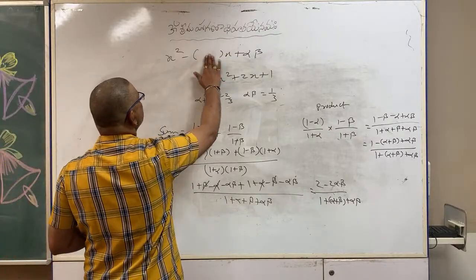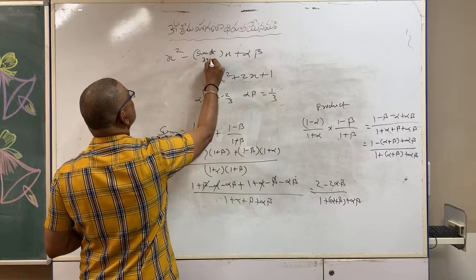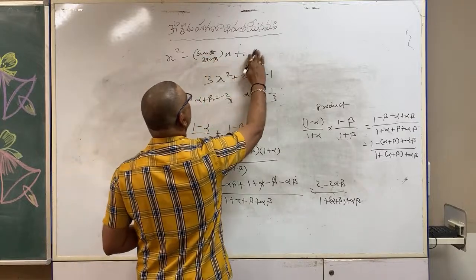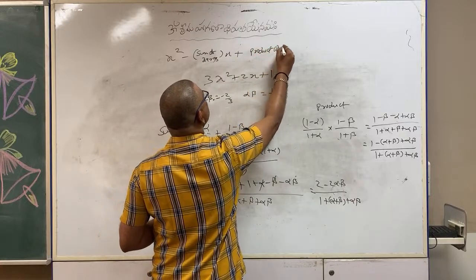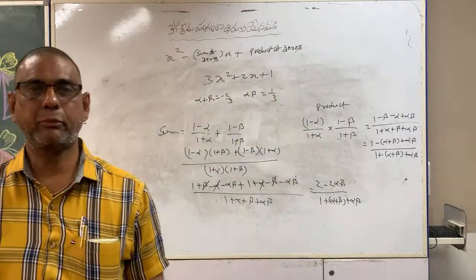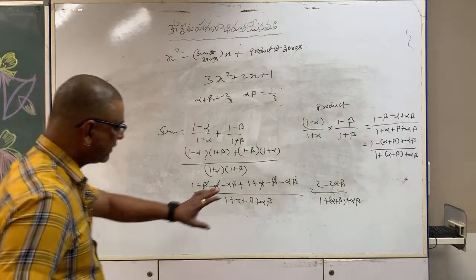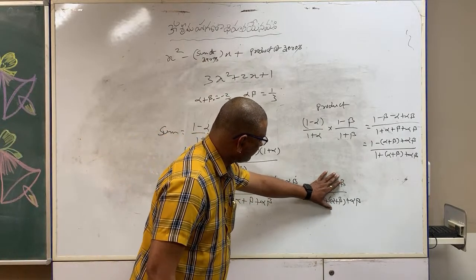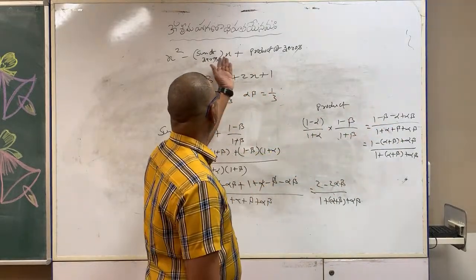Rather than saying this one as sum of zeros, here you call it as product of zeros. Sum of zeros, product of zeros. Okay? Find this value, this is sum of zeros, and find this value, this is product of zeros, and substitute over here.